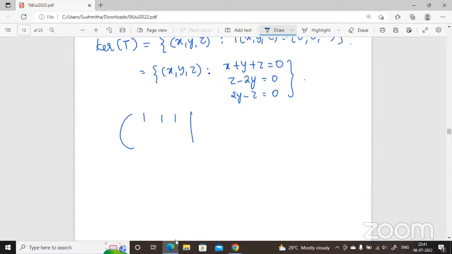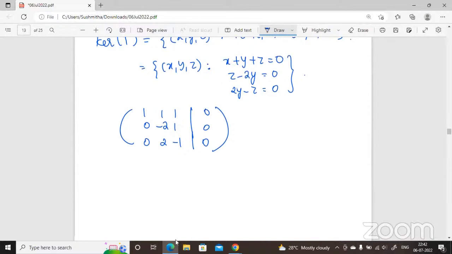1, 1, 1. 0, minus 2, 1. 0, 2, minus 1. So clearly these two equations are the same, right? Yes. So the third row will become 0. 1, 1, 1, 0; 0, 1, minus half, 0; 0, 0, 0, 0.